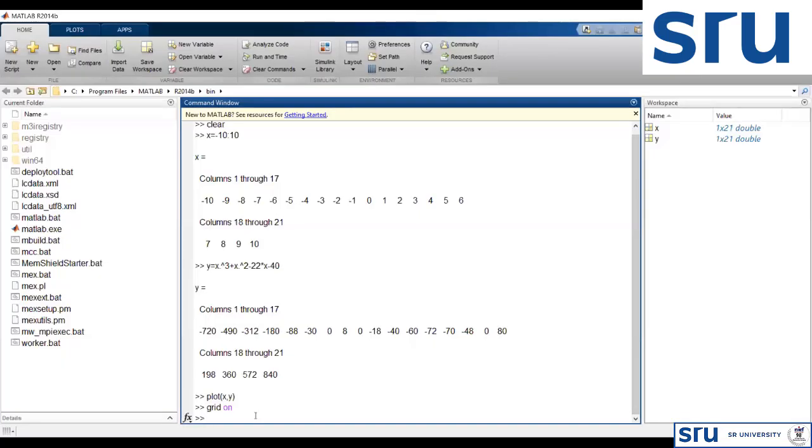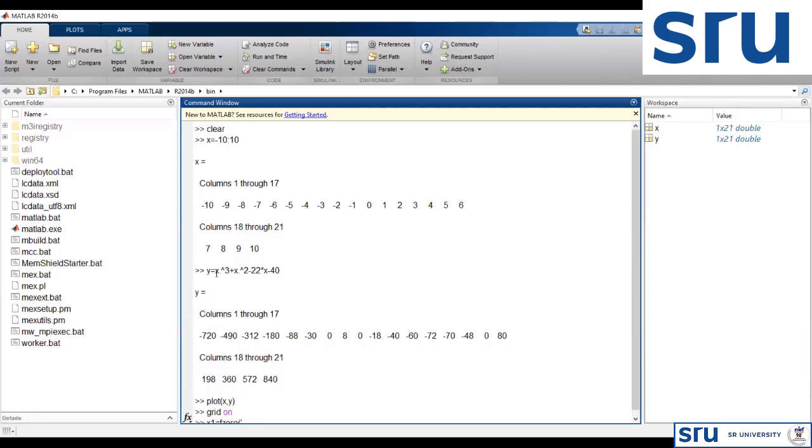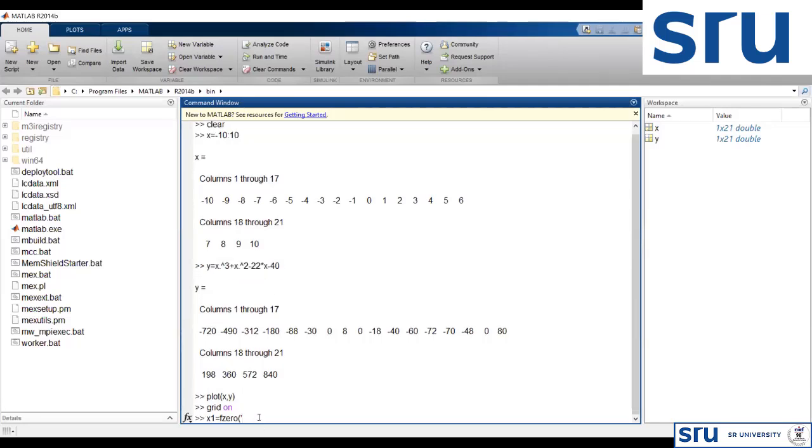Then what I have to do: x1 is equal to f0, then I pass the function as a string. Our function I have already entered, so I will copy it. After that comes the initial guess value.